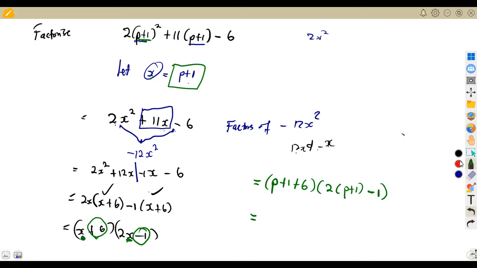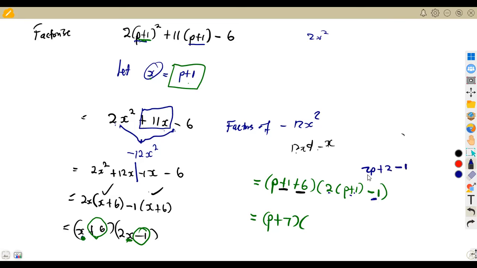So what are you going to have at the end? Here we can collect like terms. We've got 1 and 6, which gives 7. And here we have to expand the bracket by 2. We're going to obtain 2p, and 2 times 1 is 2, but we put a minus 1.